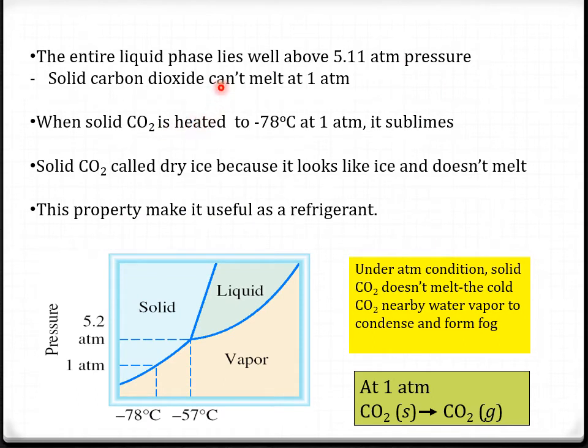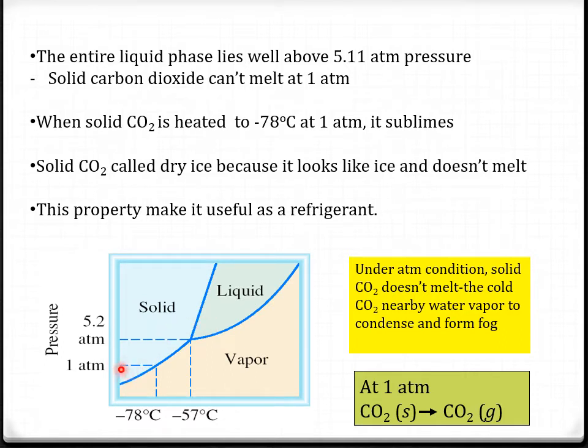The entire liquid phase lies well above 5.11 atm, or we can say 5.2 atm pressure. So the solid carbon dioxide can't melt at 1 atm. Melt meaning that from solid become liquid.